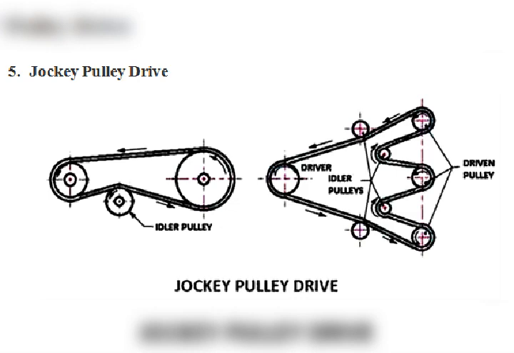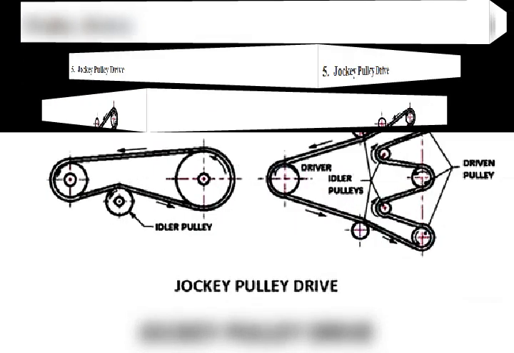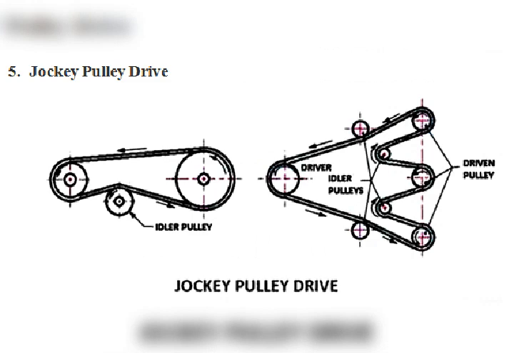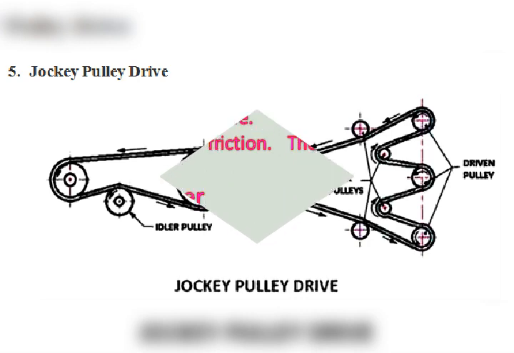It will increase the arc of contact. This is a very fundamental entity: the arc of contact has to be increased, and thus the tension, which results in increased power transmission. As and when the arc of contact increases, power transmission also increases.